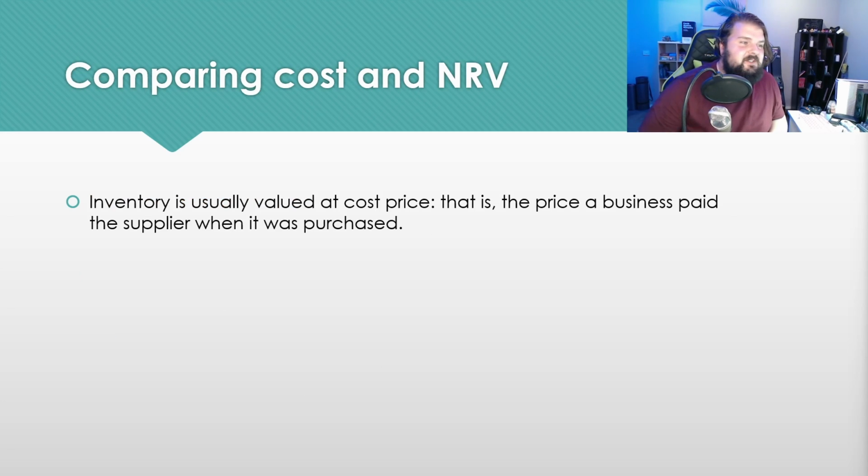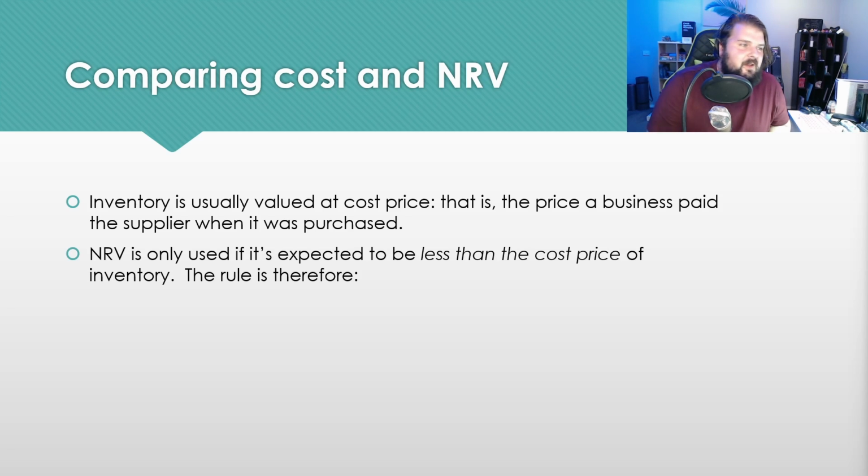And in situations like this, when we're comparing cost price and our net realizable value, we usually always apply the lowest value. So normally, that's cost price. It's what we pay to our suppliers. But net realizable value is only used if it's expected that it will actually be less than the cost price.